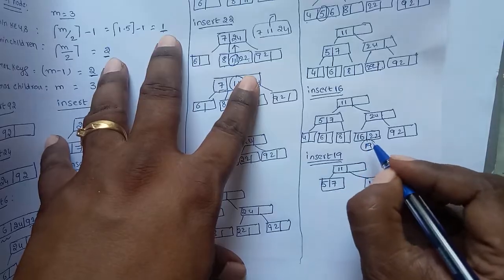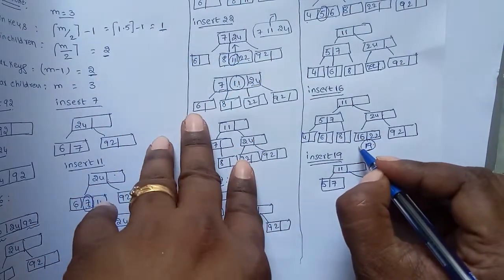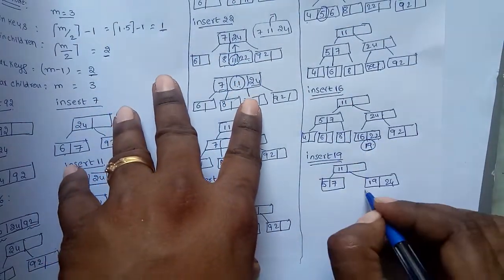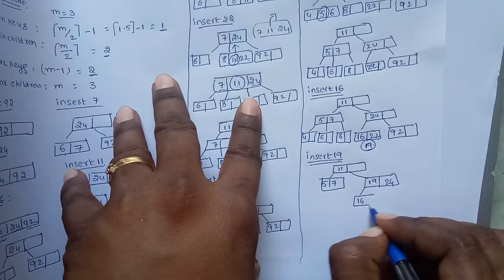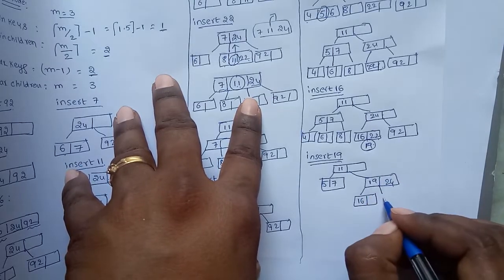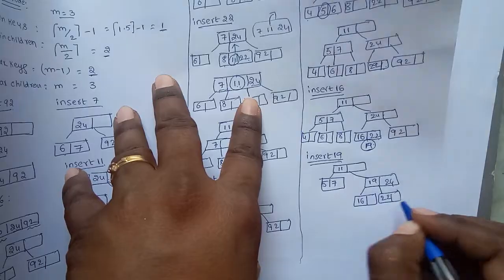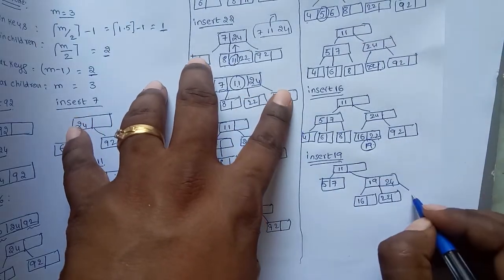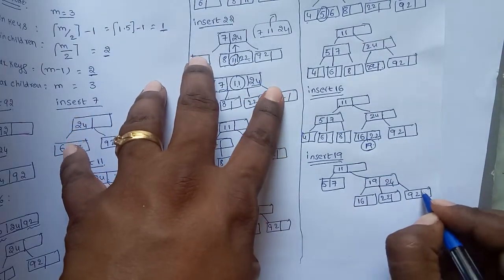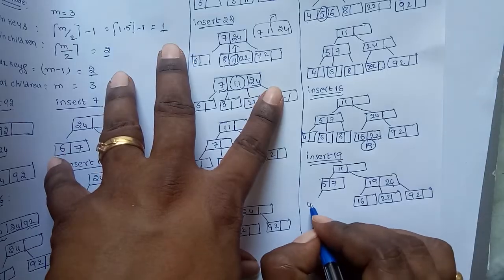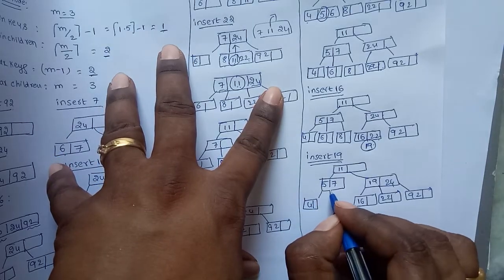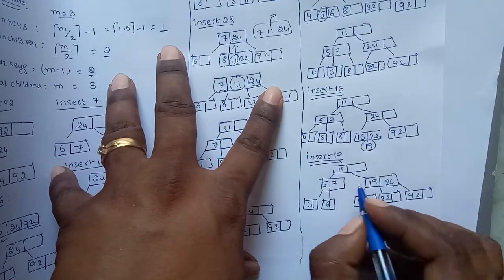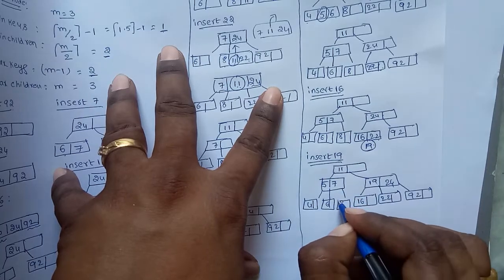By moving this 19, 16 becomes the left child, 22 becomes the right child. And for 24, this right child is as it is, 92. And similarly for this 5, 4, this is 6, this is 8.